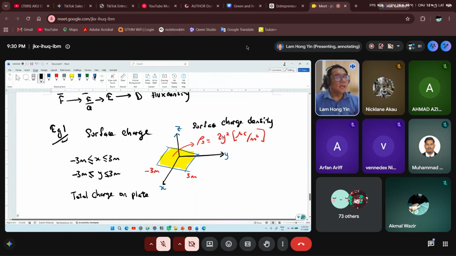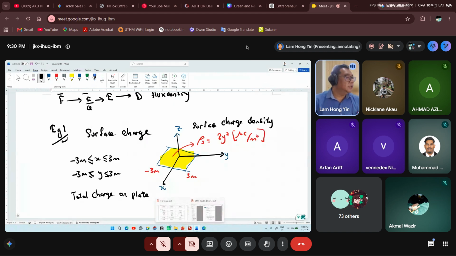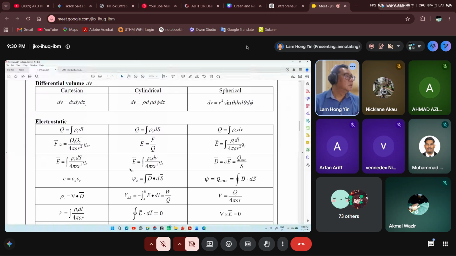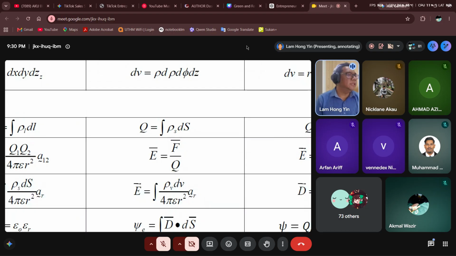Then you know automatically this is rho s, the surface charge. And you know the problem is located in the Cartesian coordinate, which is x, y, z. So if I look at the formula given to you, you know this is the problem with rho s, because I want to find Q.